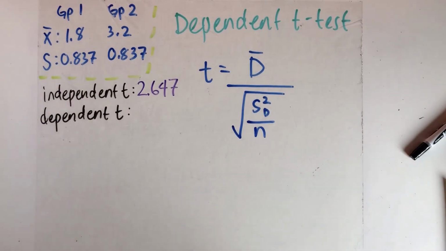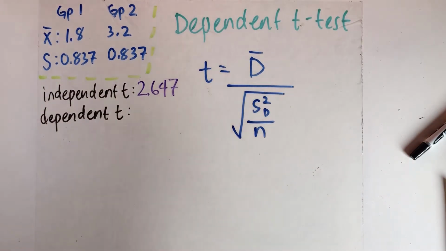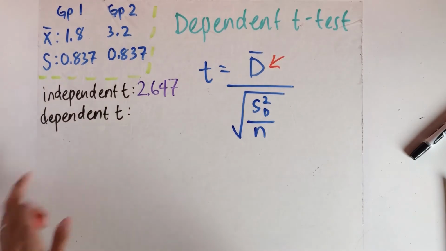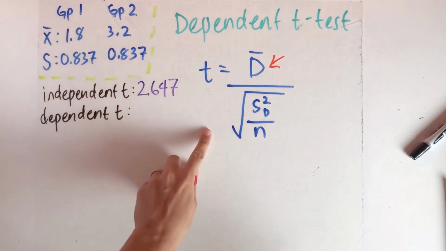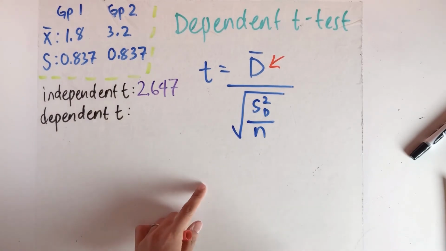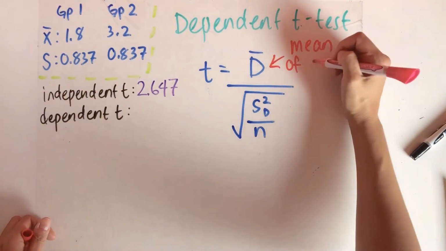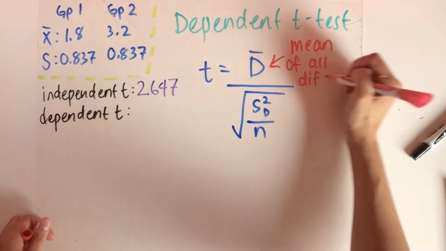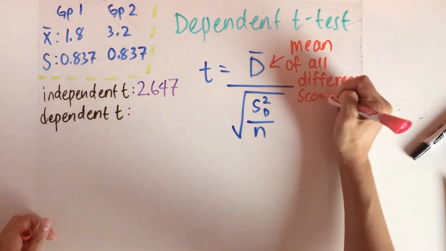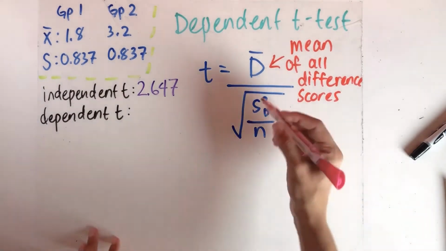Just like last time, we want to understand conceptually what the numerator and the denominator of this test are about. Before, we said the numerator is the difference of the two means. This time, when the data are paired, it's a different quantity. It's actually the mean of all the difference scores that you can make with our data. If you don't know what that is, that's great, because we're about to compute them and then it will make sense.